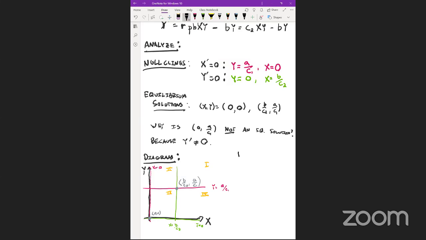So we have rough trajectories. Region 1, regions 2, 3, and 4.